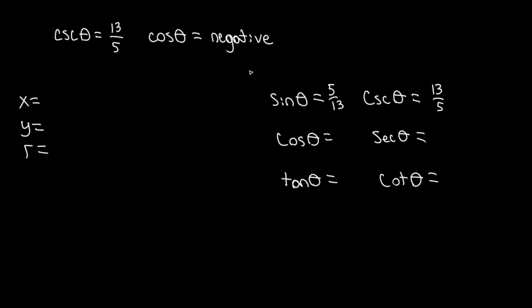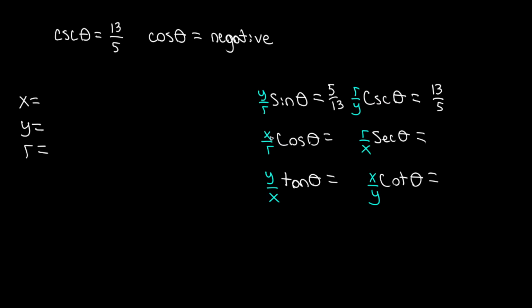Now, this is one of the reasons it's important to remember: sine is y over r, cosine's x over r, tangent's y over x, and our reciprocals are just the flipped versions. Now, if cosine is going to be negative, we know that r can't possibly be negative.